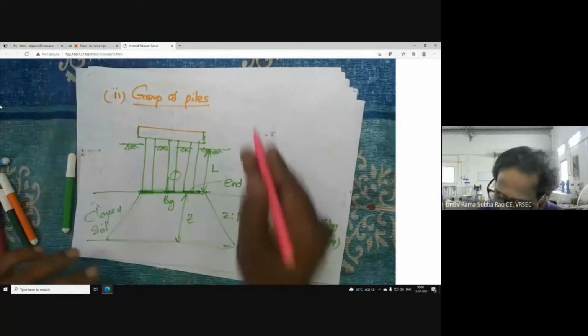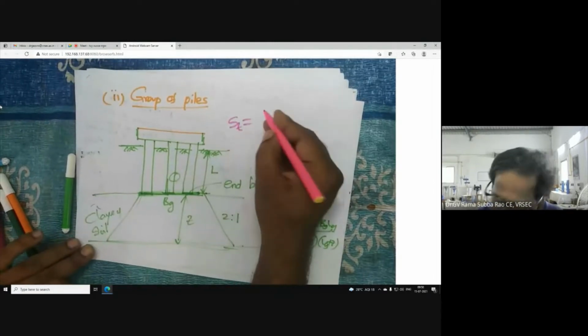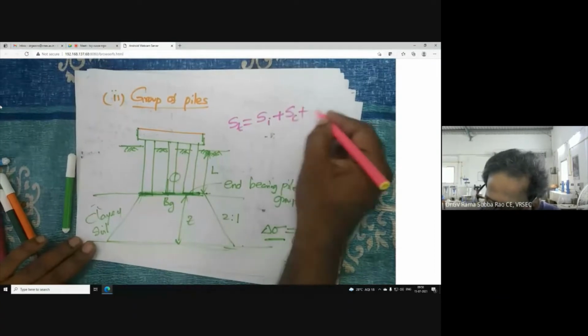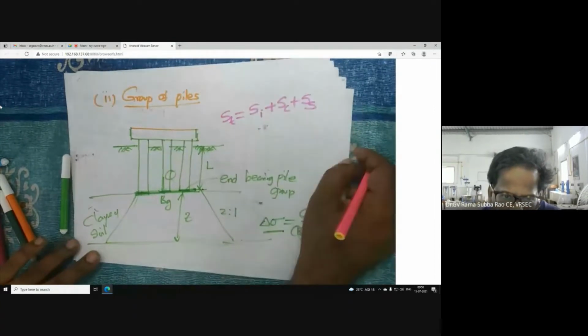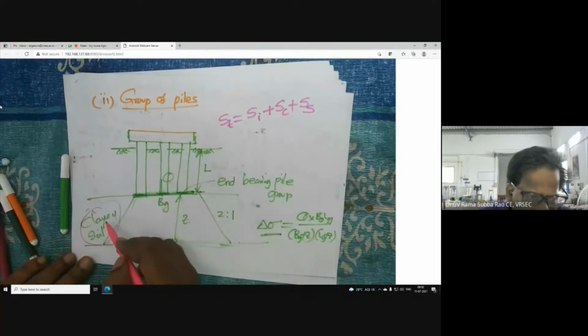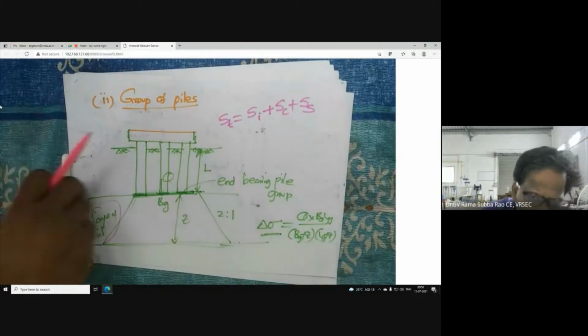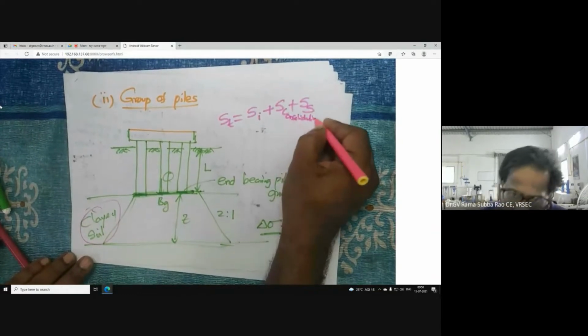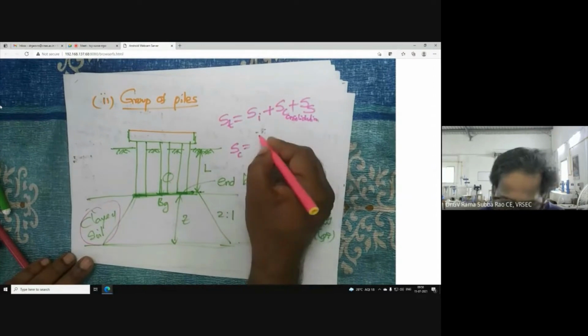Total settlement SC is equal to immediate settlement plus consolidation plus secondary consolidation. Many times in clay soils the majority of the settlement occurs due to consolidation. So how to calculate settlement due to consolidation?